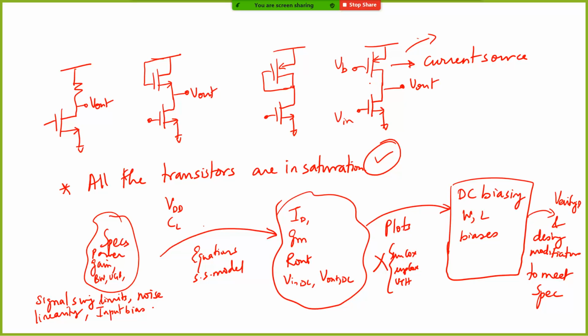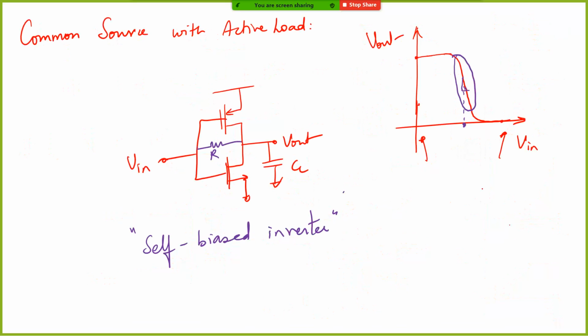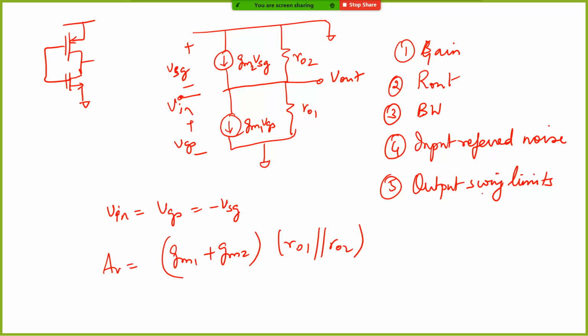So only the bottom transistor's gm was in the picture. Whereas in the case of an inverter, the input signal is given to both transistors, M1 and M2, and therefore both transistors' gm is involved. That is why you will see gm1 and gm2 there. So you can derive this. And of course, the output impedance is r01 parallel r02.